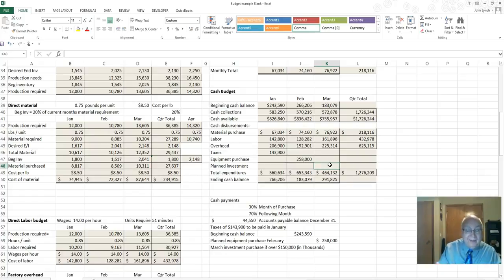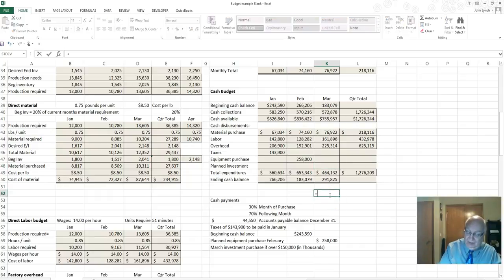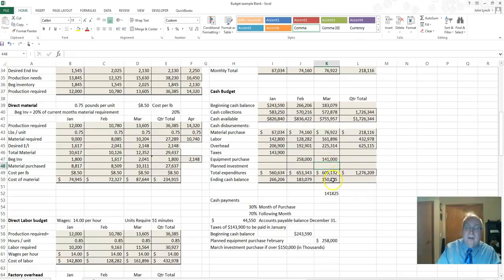Now here we can't subtract it because it gives you a circular reference. But down here, if you want to do a little calculation, you'd have equal 291,825, and we wanted a balance of 150,000 in the account. Okay, we have to do it in thousands, so what we put in here is 141,000. Okay, and that gives us 150,000.